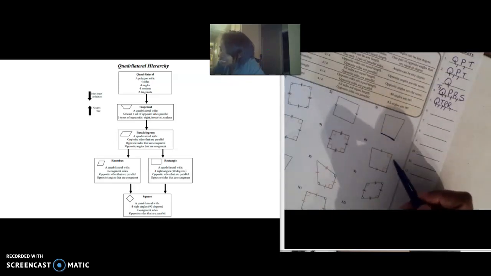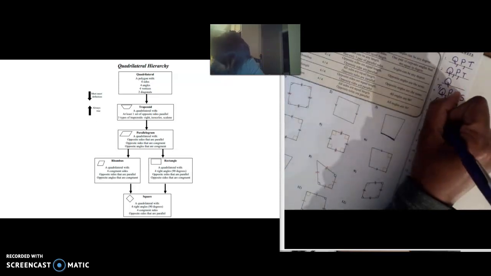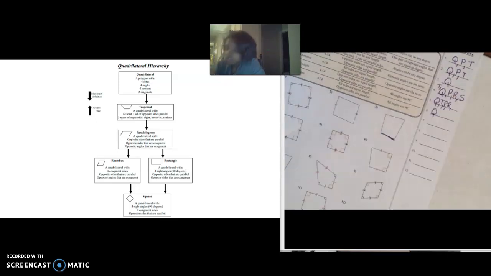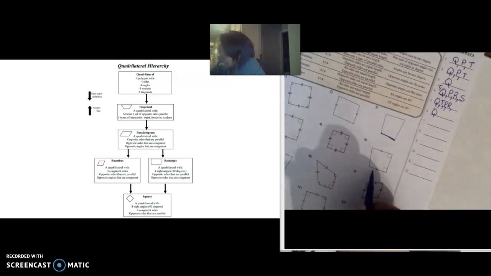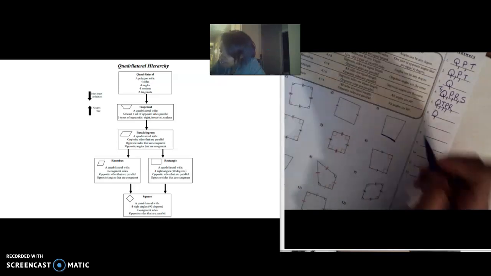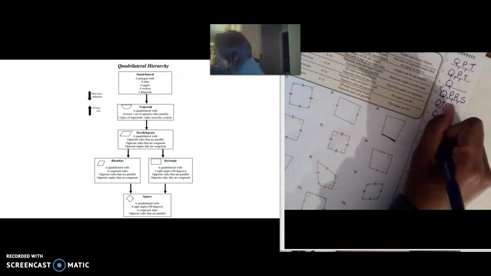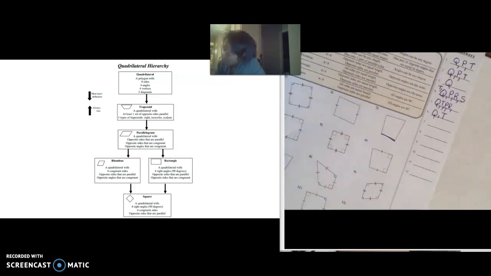Number 6, I can see 2 sides that are right angles, but what I notice is it's a quadrilateral first, and I can also see that this does actually have 1 set of parallel sides here. So it has 1 set of parallel sides, so it is also a trapezoid, but it is not a parallelogram.